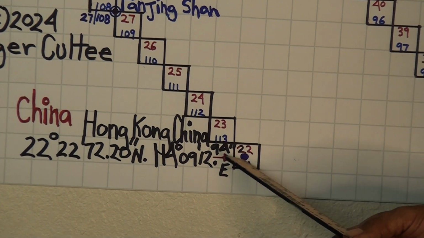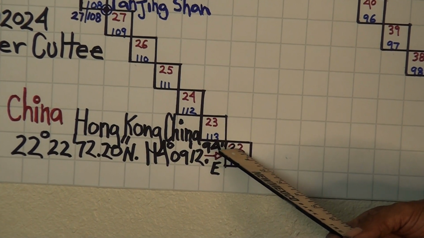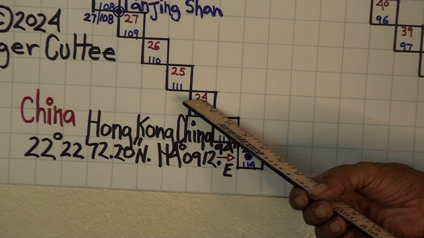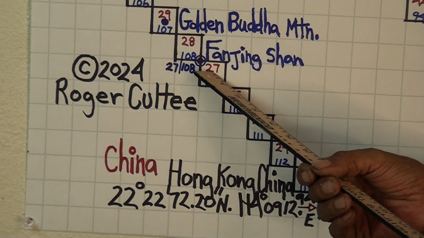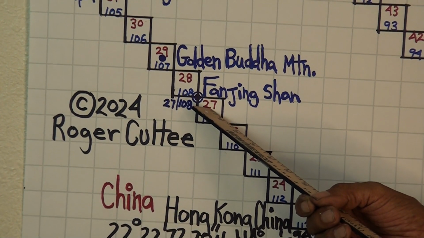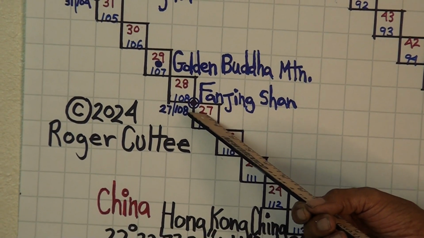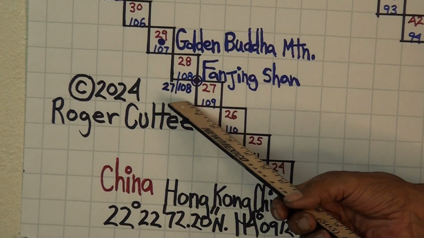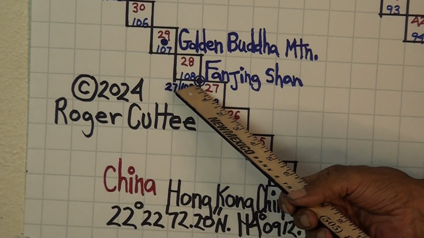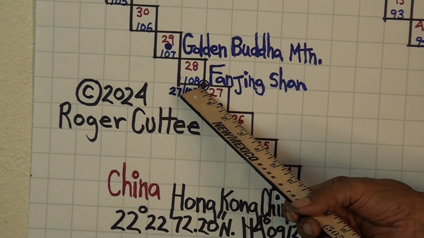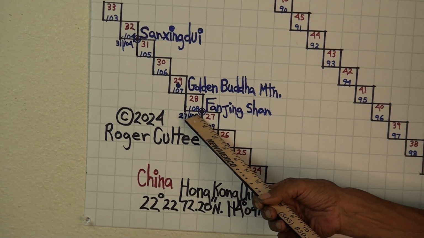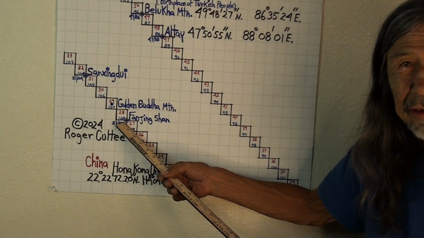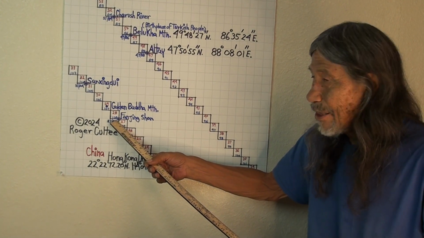You go to 22, and the latitudes 23, 24, 25, 26, 27, and this is where we're going to need that lady's help, B, I think her name is, from Asia, because it goes to 27,108, which is in between these two blocks, to a place called Fanjingshan. Or maybe there's some Asian people that might even know what this is.